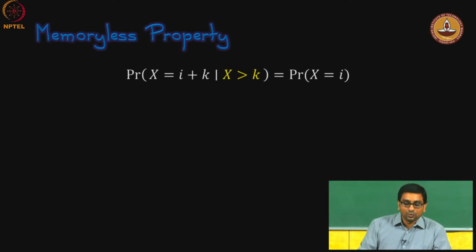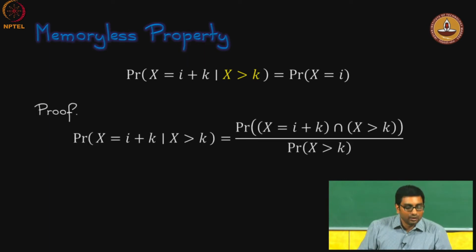So what is this conditional probability on the left hand side? Now, on the right hand side, the k is completely eliminated. The fact that you have seen k coin tosses is completely eliminated. It is just the probability that x equals i. So let us see why this is true in a formal way. The left hand side, we take it and we just apply the formula for conditional probability.